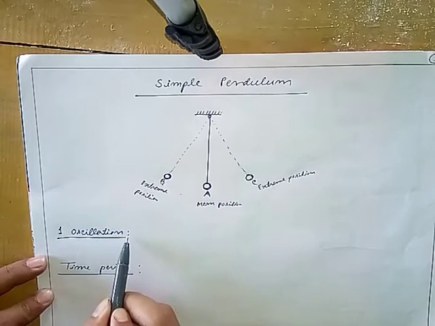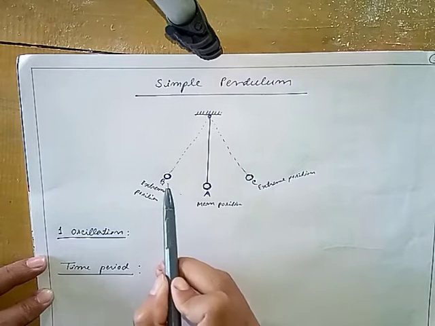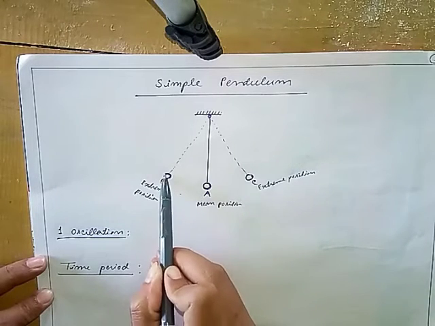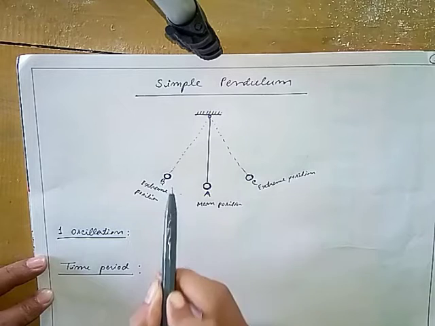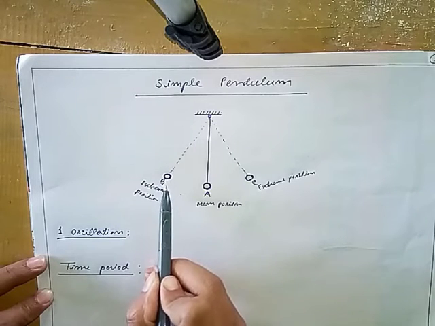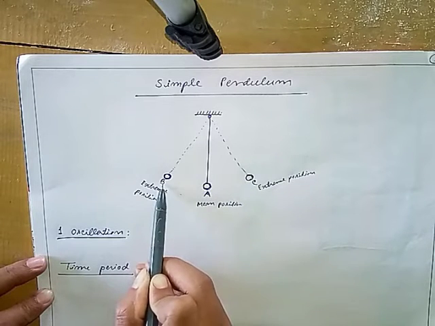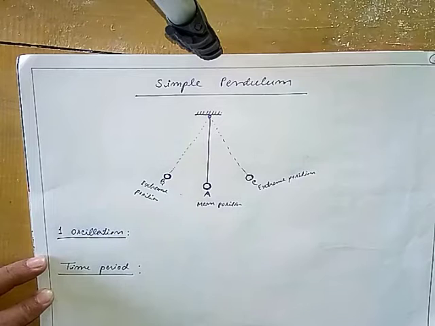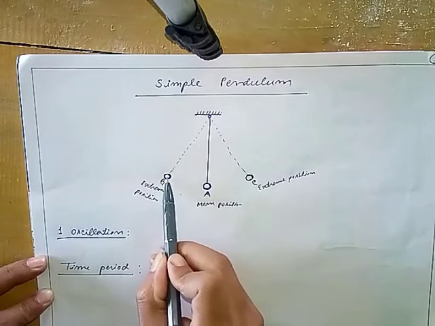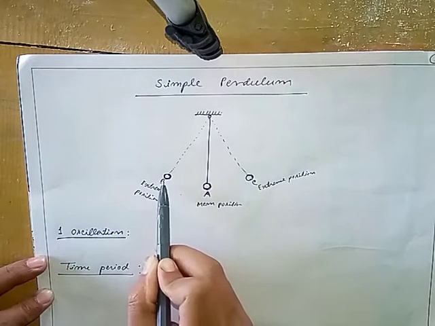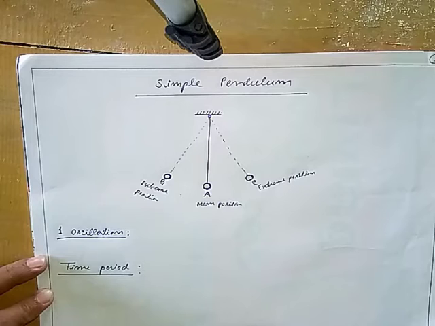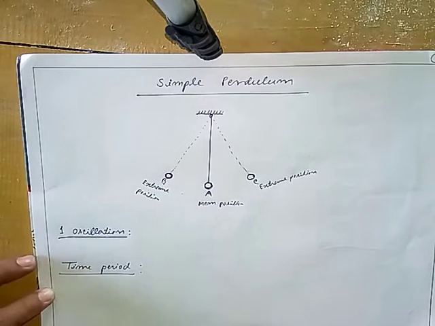The time taken by this ball to complete one oscillation is known as time period.